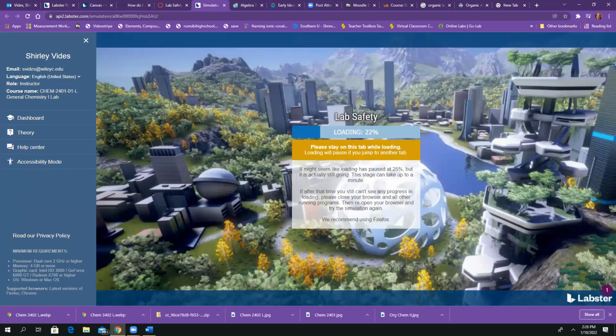It takes a while to load and you cannot leave this particular page. If you do, it'll stop, and believe me, it does. It does take a little bit because it's got really good graphics, so you'll feel like you're playing a game.